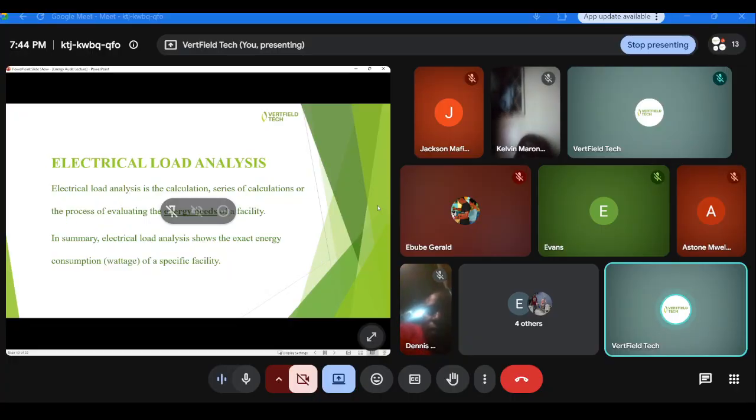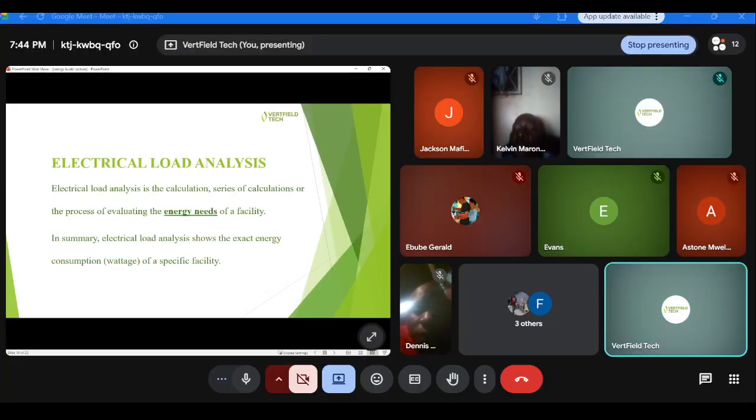So, we are now gradually walking into the deal of the day, and the first part of it is the one we call electrical load analysis. Remember when we told you that energy audit helps you to take care of two things? It helps you to firstly know the energy need of a facility.